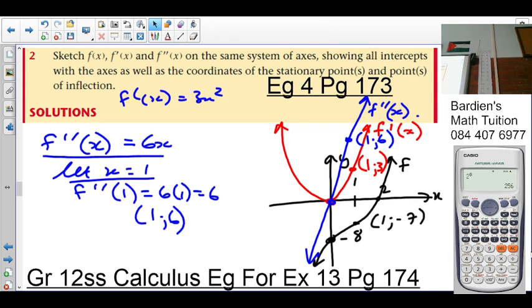Again you'll see that the x-intercept of your second derivative linear function is also the point of inflection, the x value at which the point of inflection occurs. Okay.